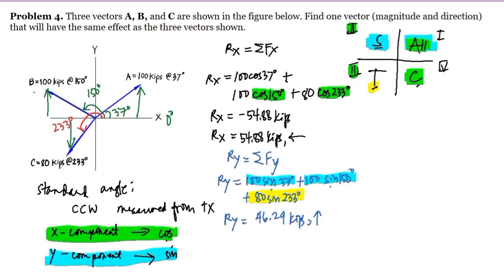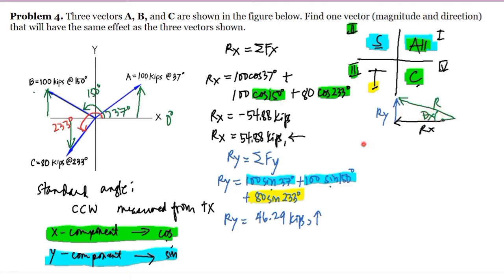We have Rx directed to the left, and we have Ry directed upward. So from this, the resultant is directed to quadrant 2. And of course, this will be our direction theta x.